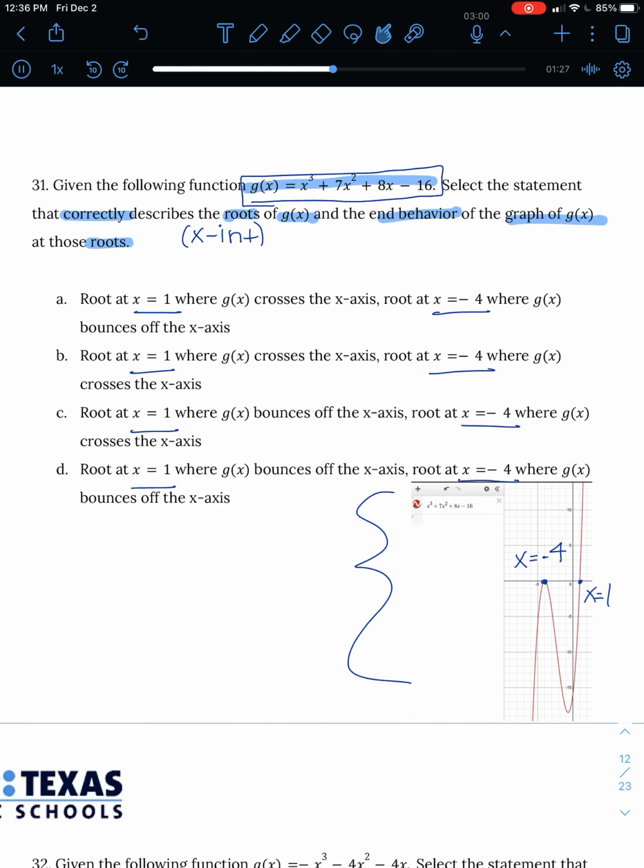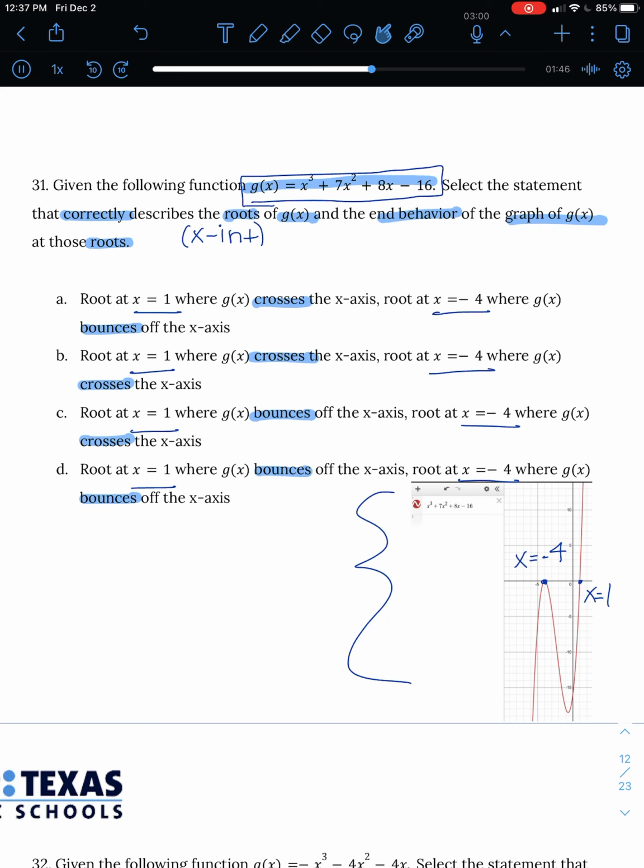I also notice other words that pop out that are different in each answer choice, and that's the words crossing and bouncing. So I need to know what's happening at these roots, if they're either crossing or bouncing.